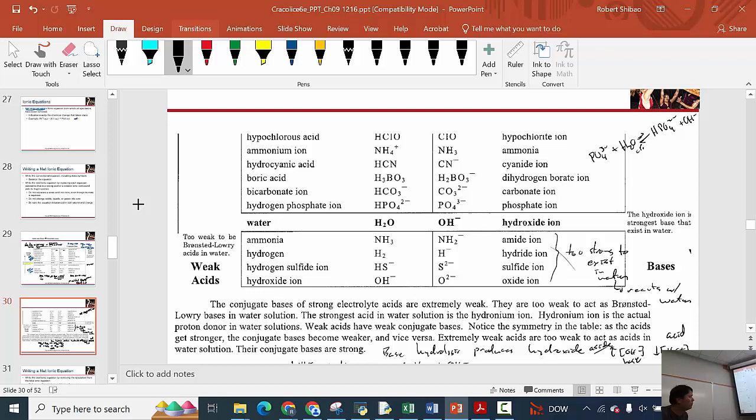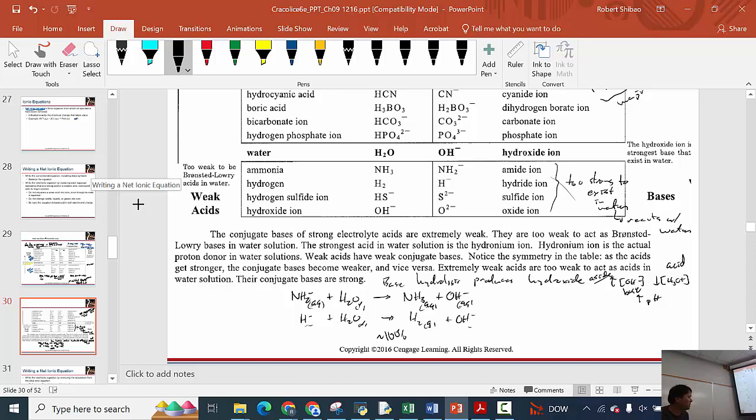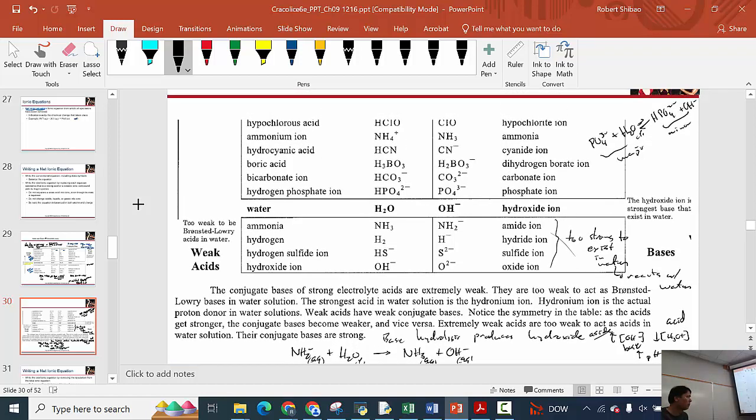For weak bases, this is the major species over here, and these would be the minor species over here. Whereas for strong bases, the minor species doesn't really exist. These would be the major species here, or the only species. So weak bases are less reactive.